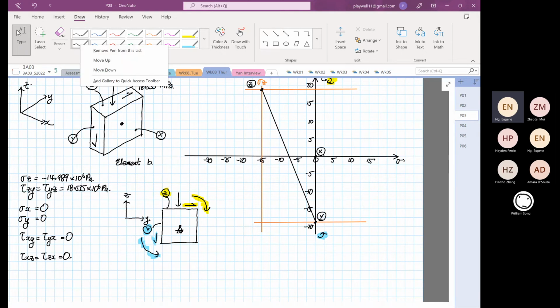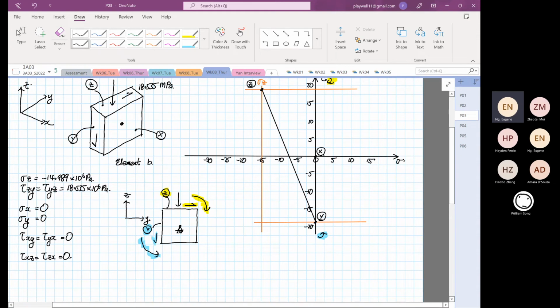So the stress at the center of the circle, which is also known as our average stress, is equal to stress Y plus stress Z divided by 2.